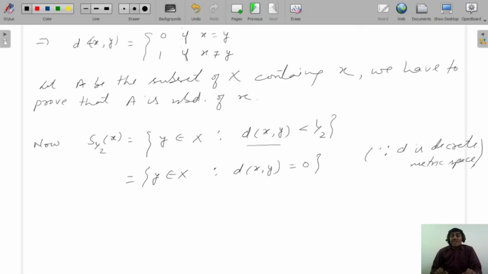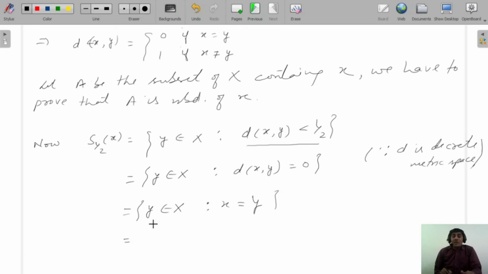So in this case distance between x and y is less than 1/2, so it is automatically equal to 0. Which is equal to the set of y belonging to capital X such that x is equal to y, as distance between x and y is 0, therefore they coincide.